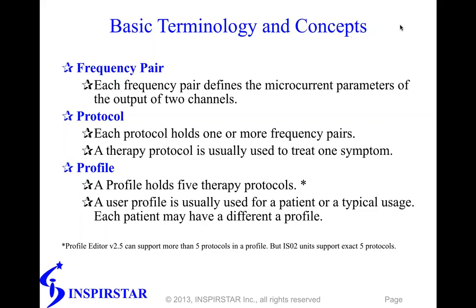So let's go over some basic terminology, and this is essential for you to really understand the whole mechanism and kind of hierarchy. We begin with a frequency pair. Each frequency pair defines a parameter of 2 channels. And as we explained in the class, we have channel A and channel B. Channel A is the pathology, channel B is the tissue.